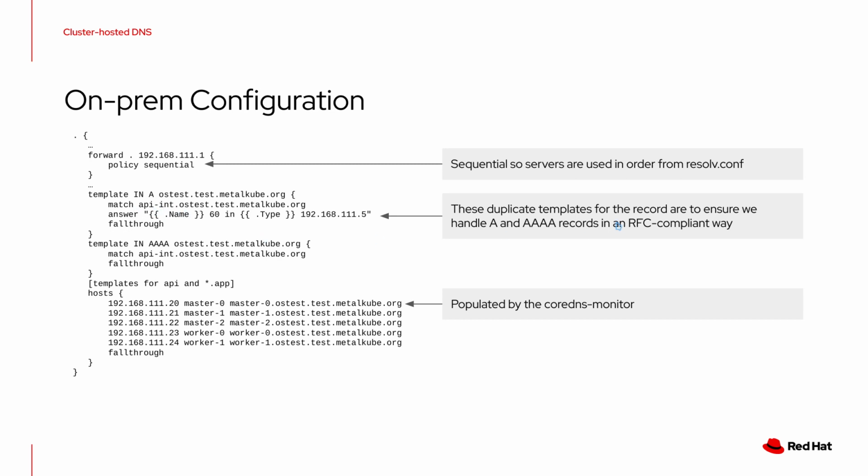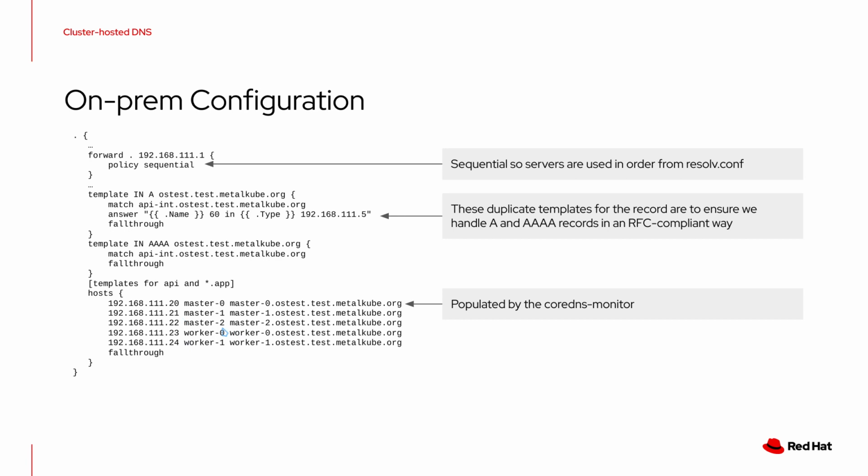The reason that we do this is because the host plugin actually doesn't have RFC compliant behavior for IPv4 and IPv6 records, and so by providing these two separate templates for those, we're able to provide RFC compliant behavior without having to actually modify CoreDNS to do the right thing, although that would be a nice upstream contribution if we could do that. But in the meantime, we're using these templates, and that's why this looks a little bit complicated: we're working around a limitation of CoreDNS there.